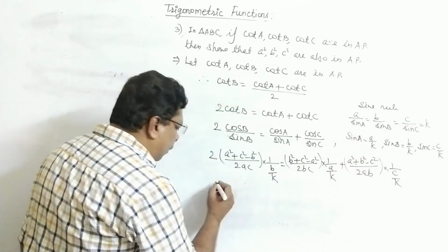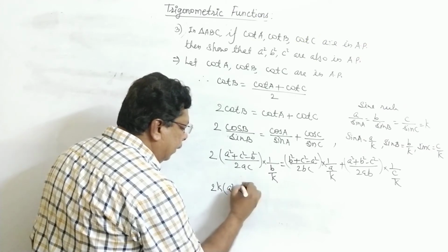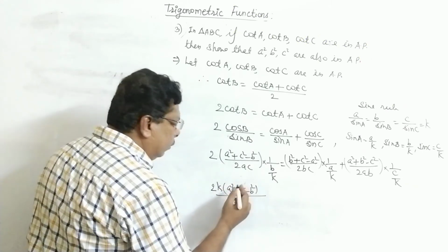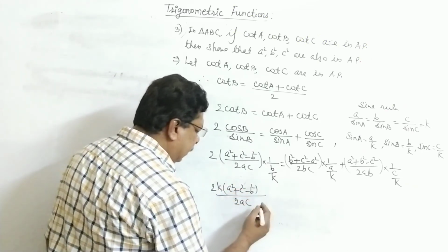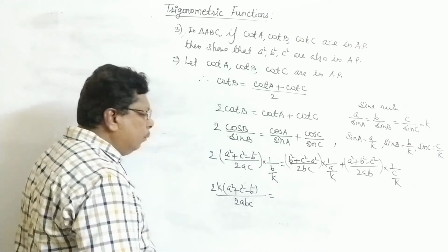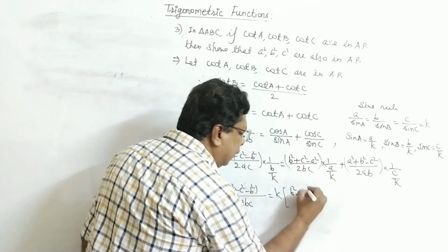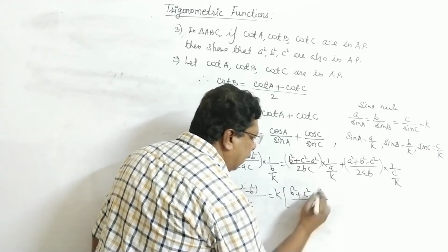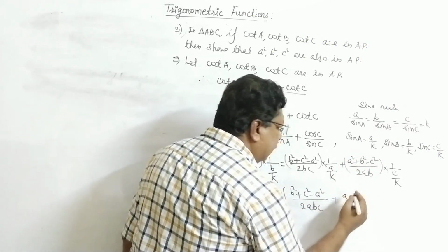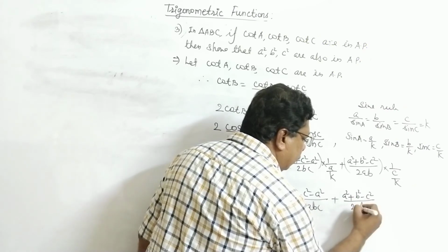So we can take K common, 2K. This is a square plus c square minus b square upon 2ac into b, that is 2abc, is equal to, this K goes to numerator, K common, it becomes b square plus c square minus a square upon 2abc plus a square plus b square minus c square upon 2abc.